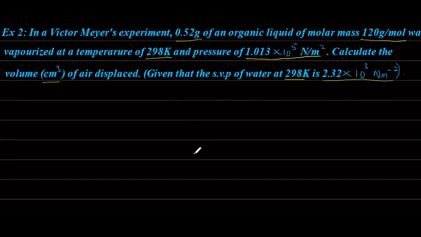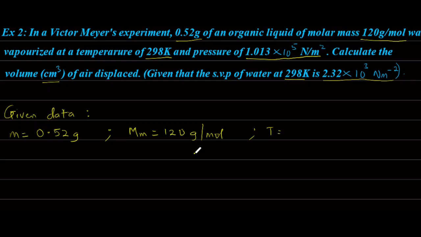The first thing is to write our parameters that we are given. We are given mass of 0.52 gram. The molar mass is given as 120 gram per mole, and the temperature is given already in Kelvin as 298 Kelvin, so no need for conversion.